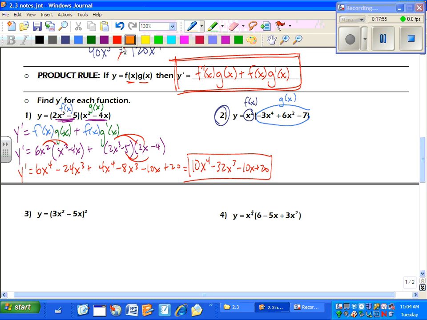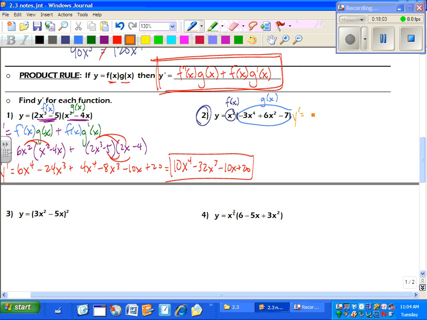All right, let's take a look at this one. So derivative of the first function is 2x times the second function plus the first function times the derivative of the second. So derivative of negative 3x to the fourth would be negative 12x cubed plus derivative of the next part is 12x, and then derivative of 7 is 0, so we don't have to put that in there. Then we're just distributing.